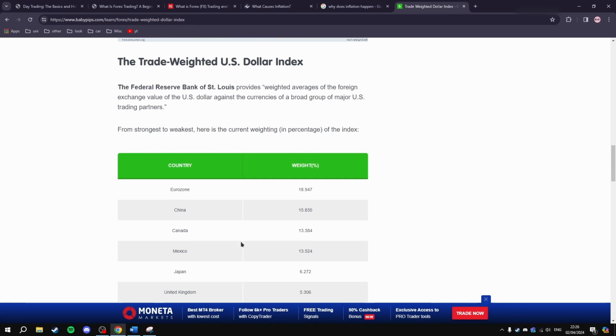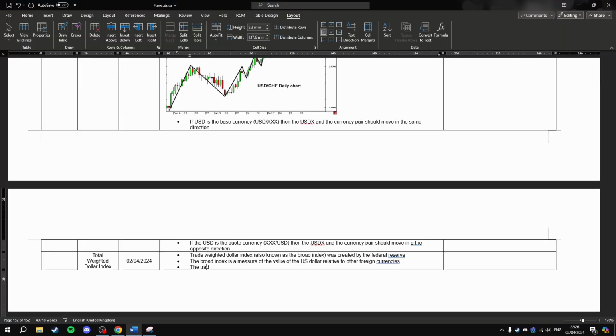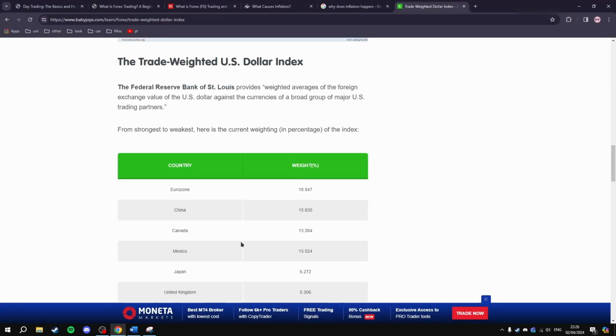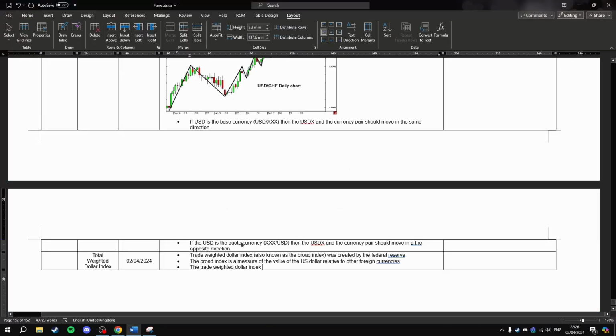From strongest to weakest, here is the current weighting percentage of the index. Oh, that's why it's called trade weighted, because of trading partners. Right, okay.